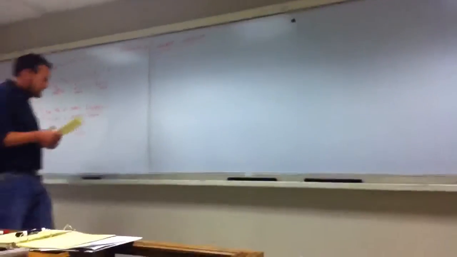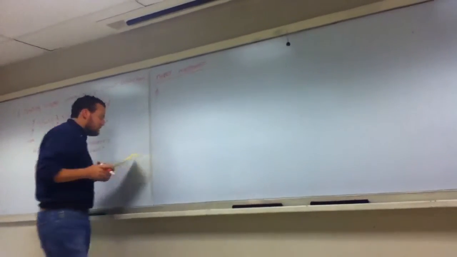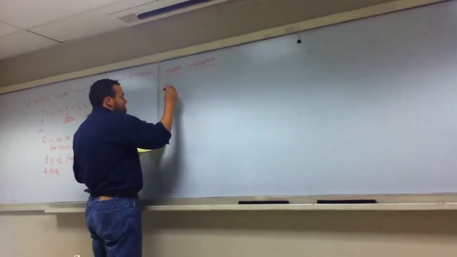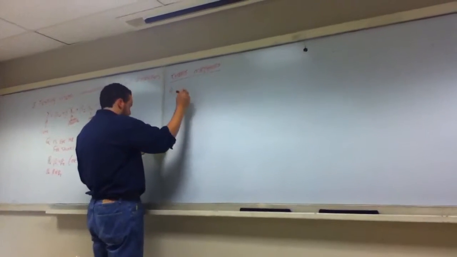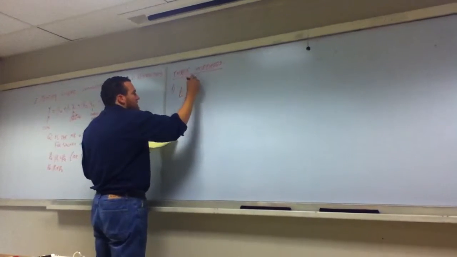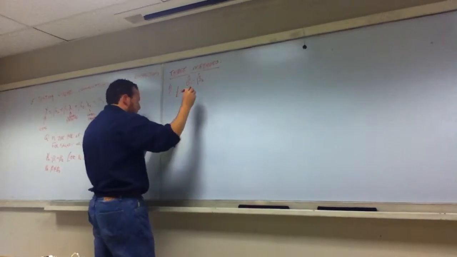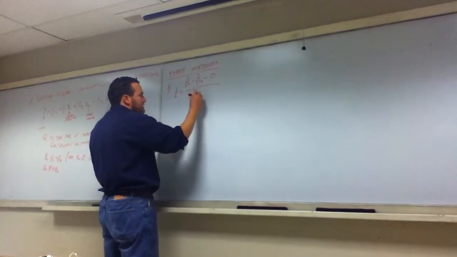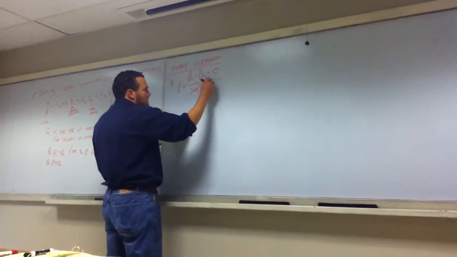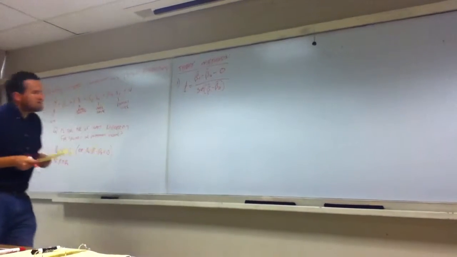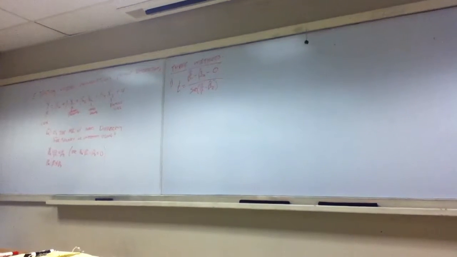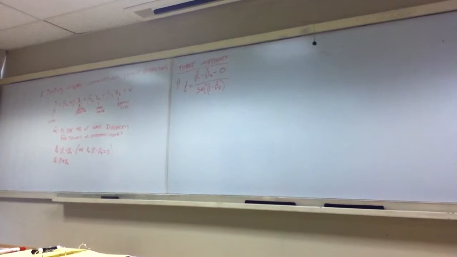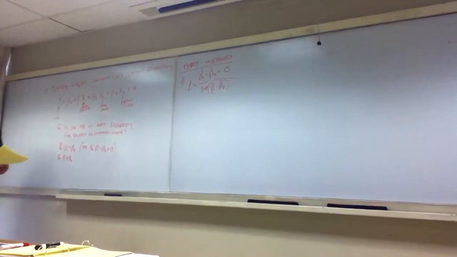So the first method is to just basically do a t-test, right? So you construct a new t-value: beta 1 hat minus beta 2 hat minus 0, divided by the standard error of beta 1 hat minus beta 2 hat.